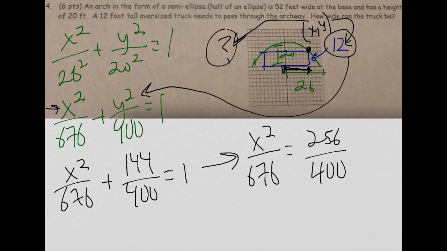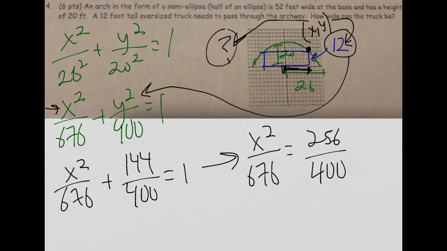You could have a different number, you could have a decimal, you can make a calculator do this work. What I just did was treat the 1 as 400 over 400, subtract 144 from 400 over 400, and I got 256 over 400.